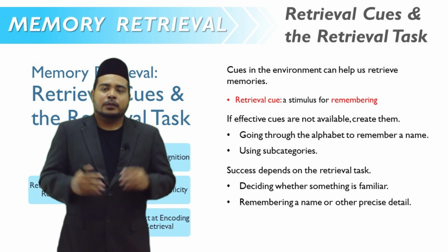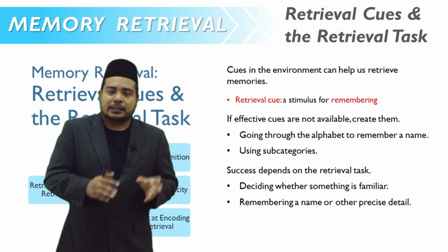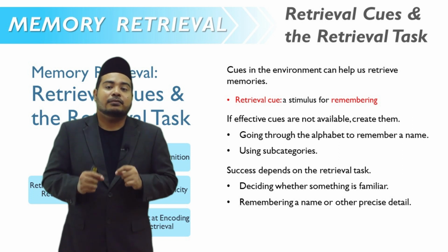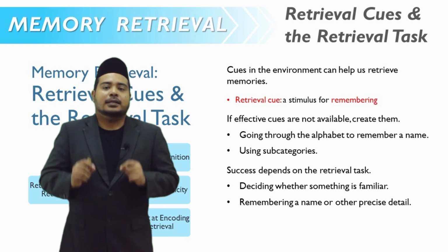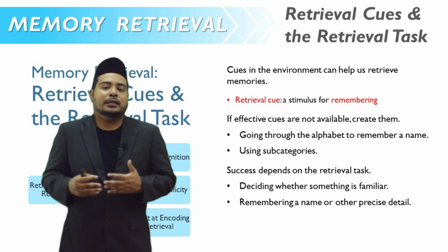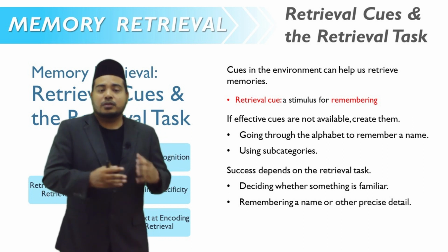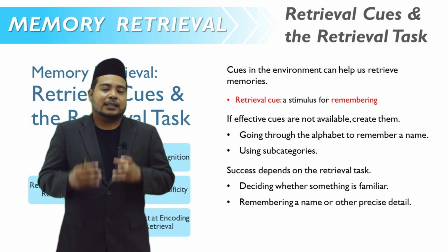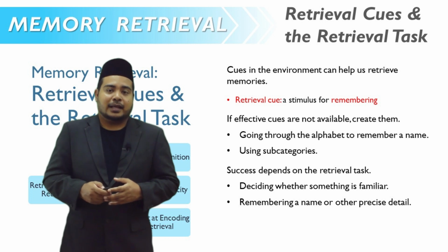Success in retrieving any information depends on the retrieval task: deciding whether something is familiar, or remembering a name or other precise details. So we can use retrieval cues to successfully perform our retrieval task.